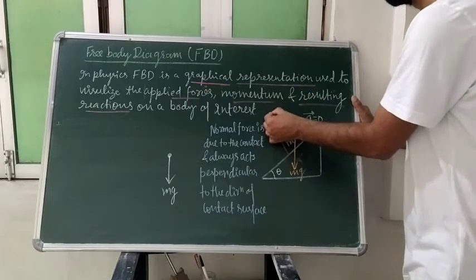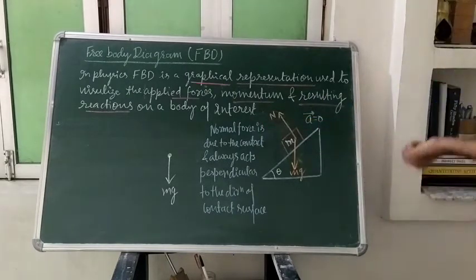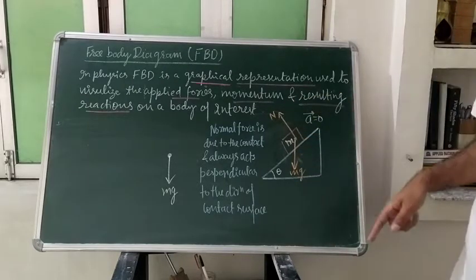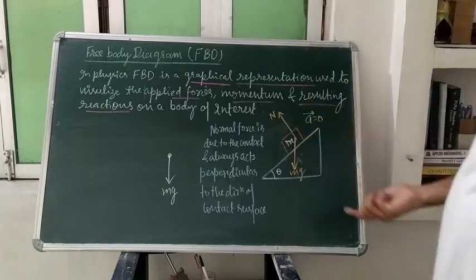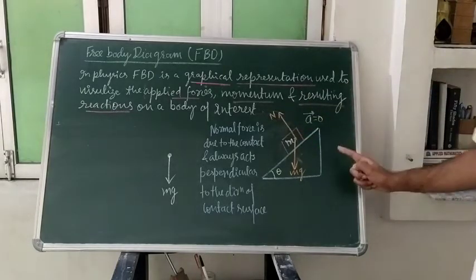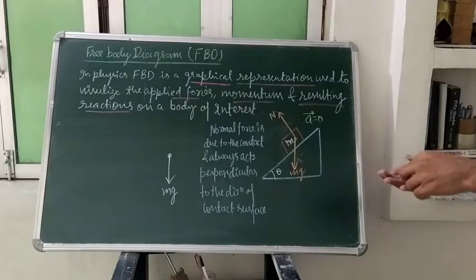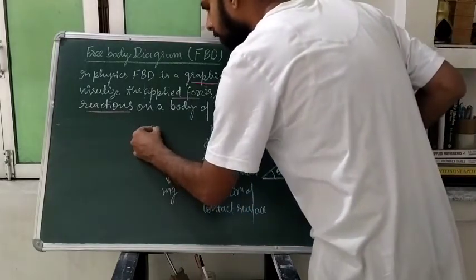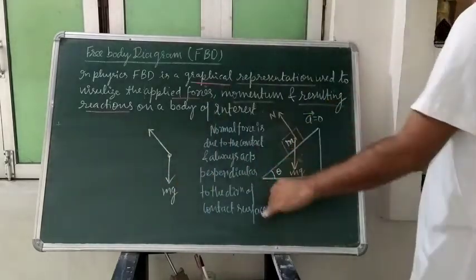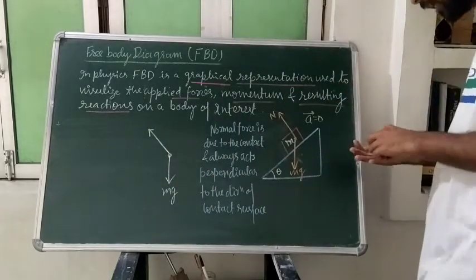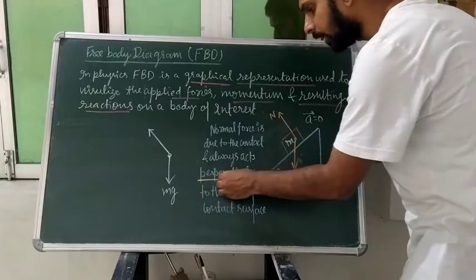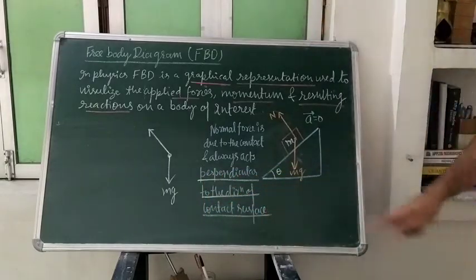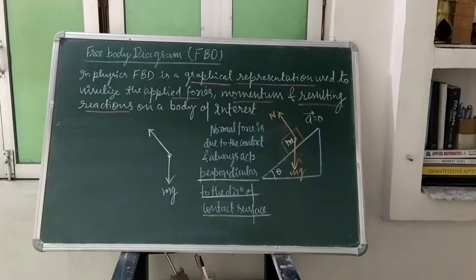We used to say normal everywhere, so you can represent it by N as well, or R as well. So normal force will act in this direction, isn't it, students? Normal force will always act perpendicular to the direction of the contact surface, and it will be due to the contact only.